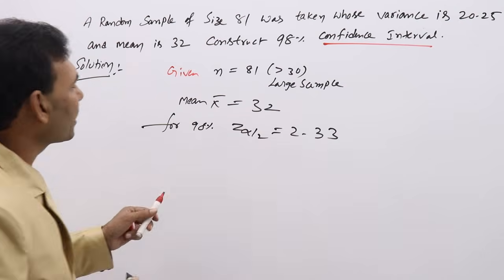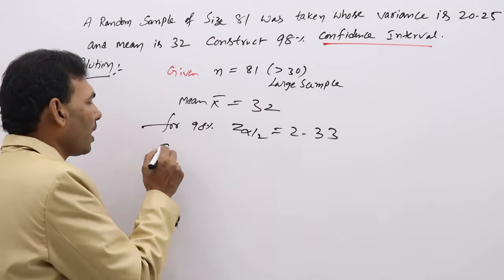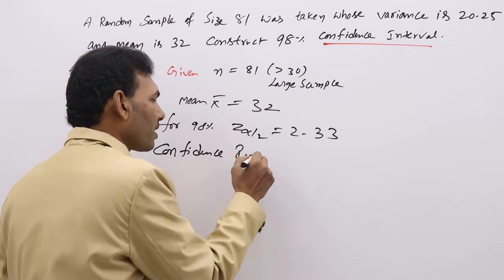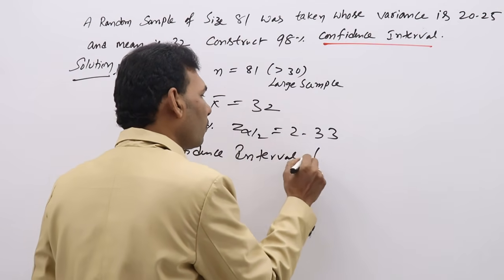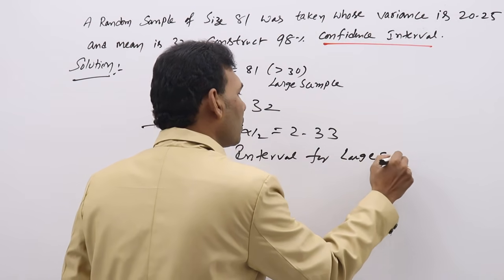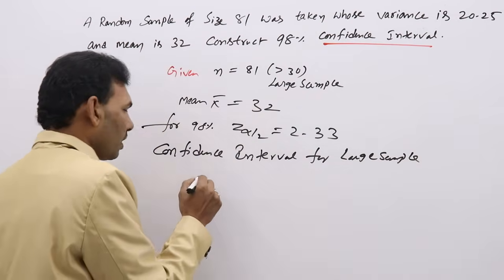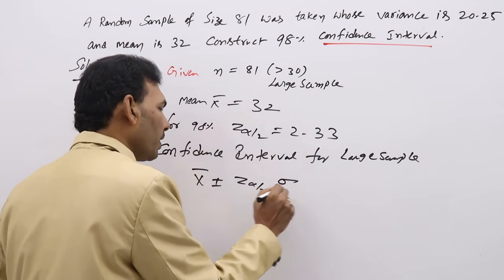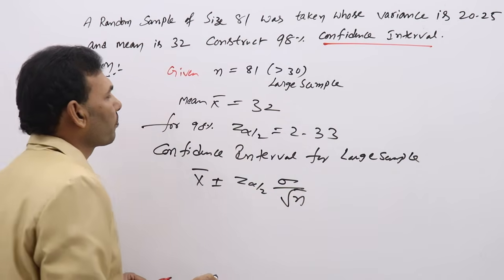So substituting these values in the confidence interval formula. Confidence interval for a large sample is x bar plus or minus Z alpha by 2 into sigma by root n.